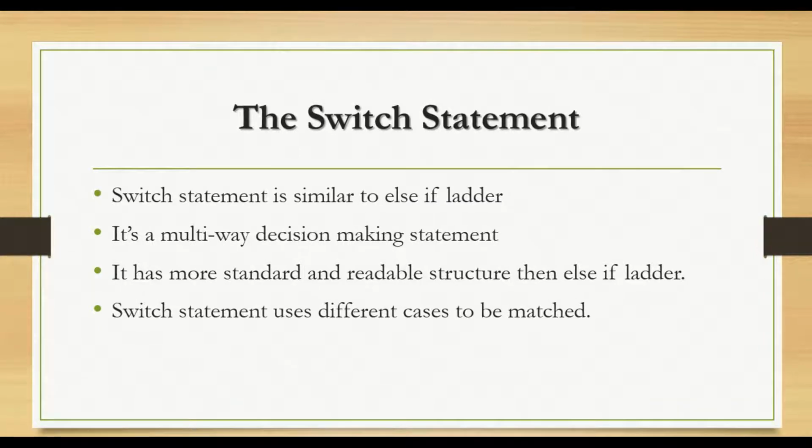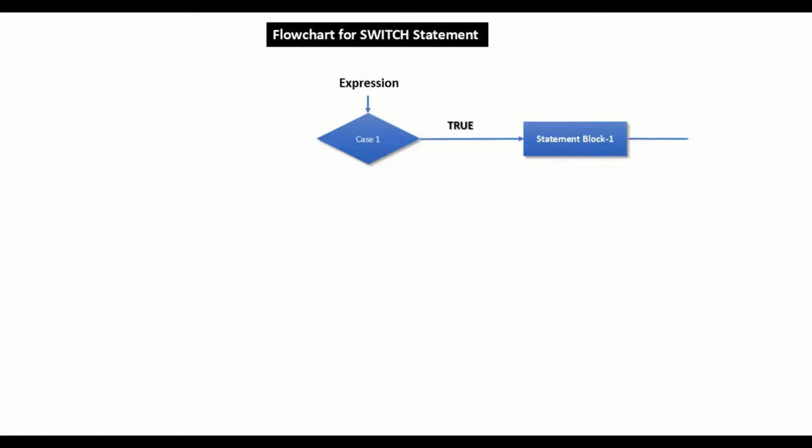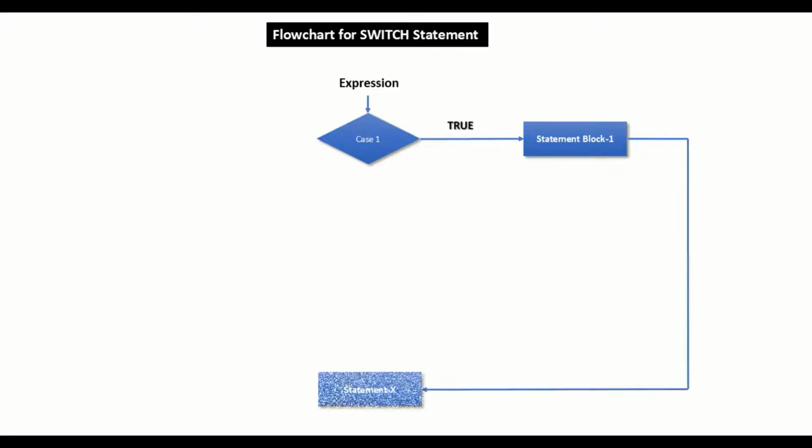Let's see how switch statement works by using its flowchart. Matching of expression value will be performed in a sequential manner starting from top to bottom. First of all, expression value will be matched with the first case value, and if it is matched, statement associated with that case will be executed, and after that control will transfer to the statement X, skipping the rest of the cases.